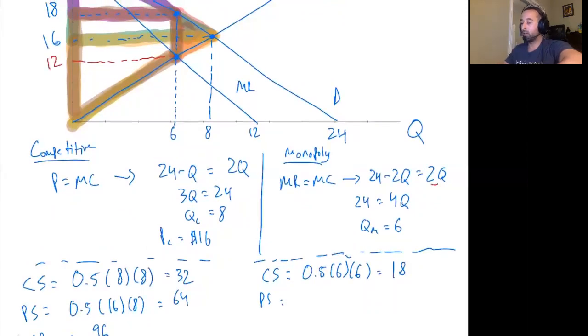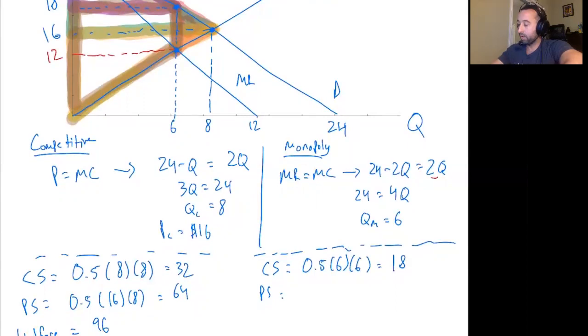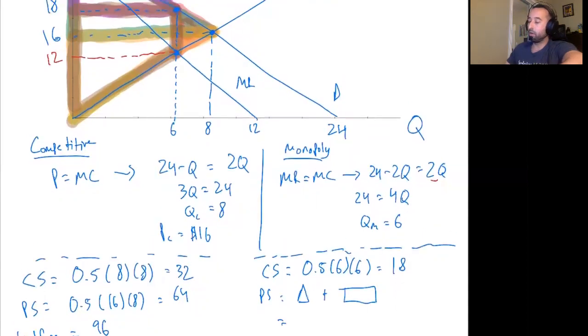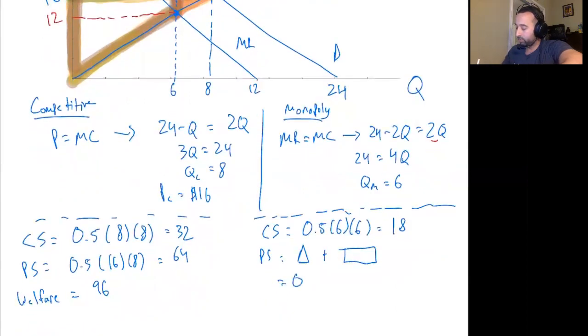Now I can calculate the triangle plus the rectangle to get my producer surplus for the monopoly. How do I calculate the triangle? Well, I know the height of the triangle is 12, from 0 to 12, and the base is still 6. So I have 0.5 times 12 times 6, plus the area of the rectangle.